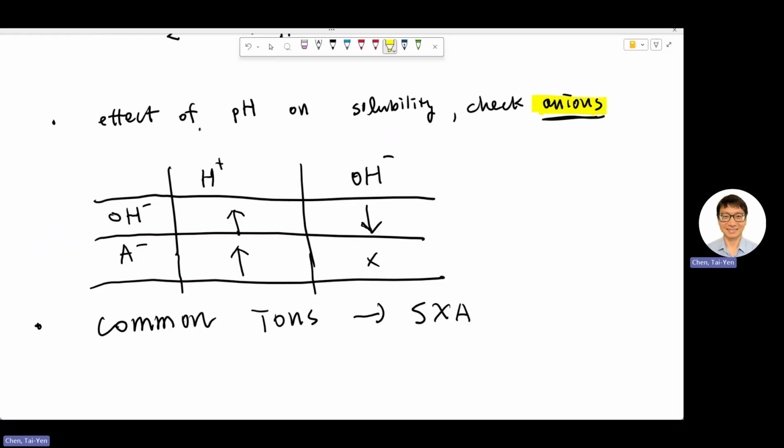That means the species needs to be either a strong acid or a strong base. H+ doesn't often form insoluble salts. The thing that can form insoluble salts typically is OH-.